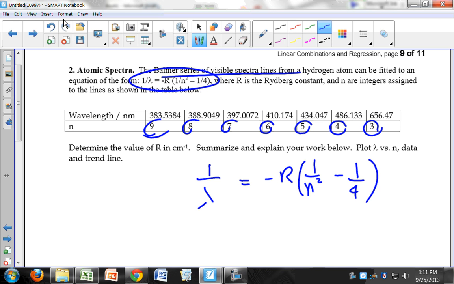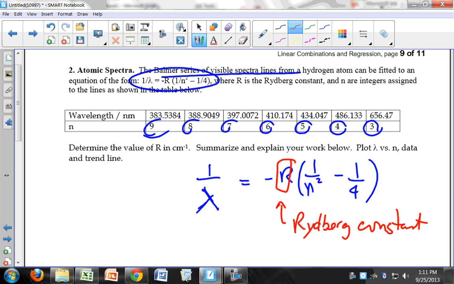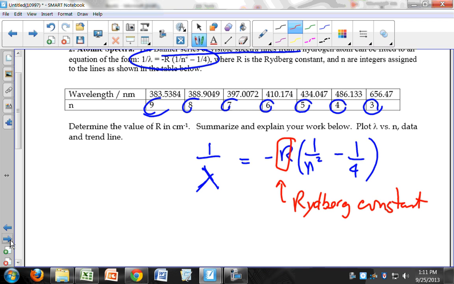And this time around, your goal is to determine R, the Rydberg constant. This is known as the Balmer equation, and constant R here is the Rydberg constant. And I want you not just to fit it, but actually draw a trend line through your data, the necessary trend line.